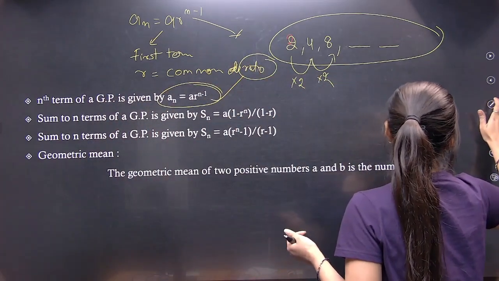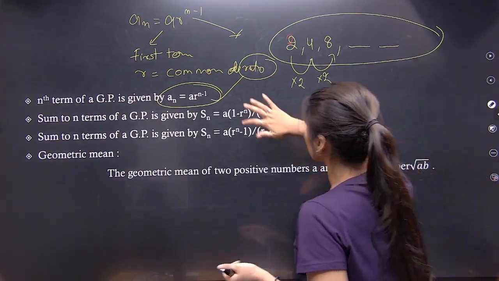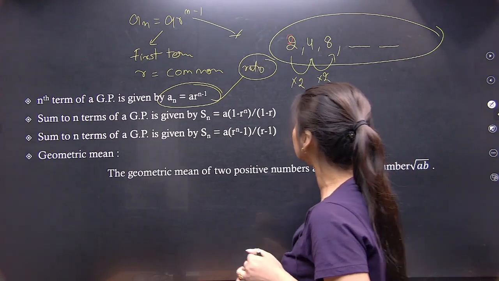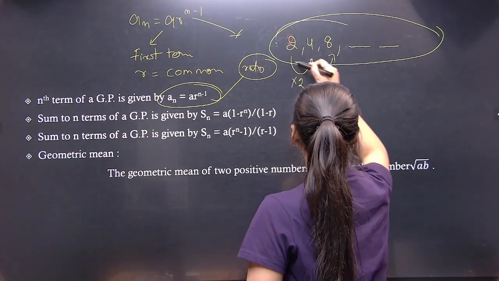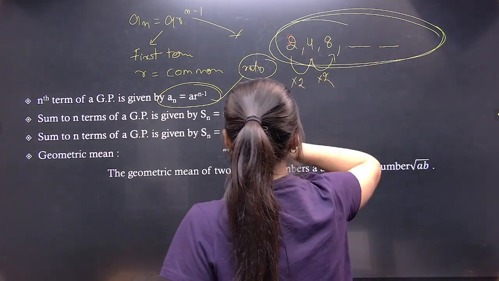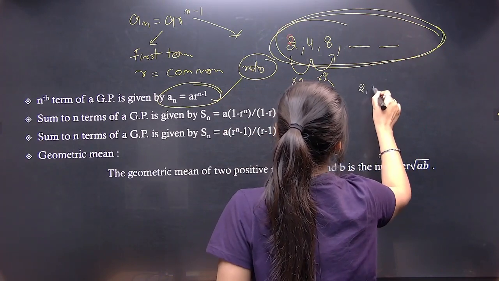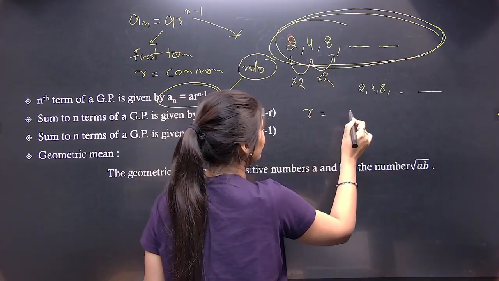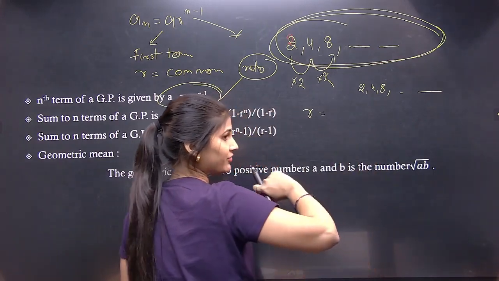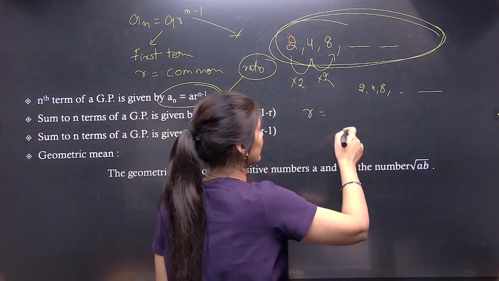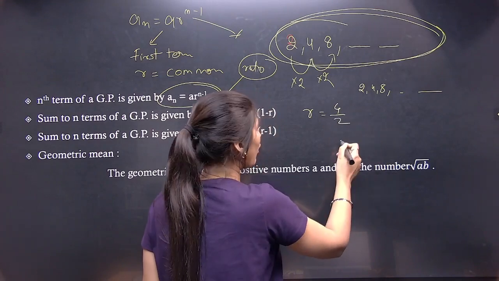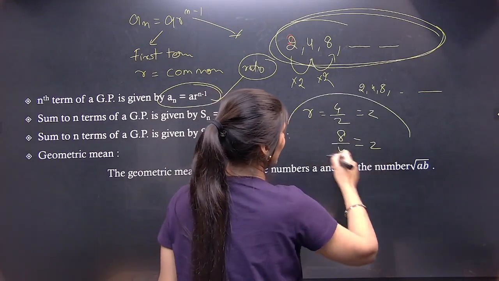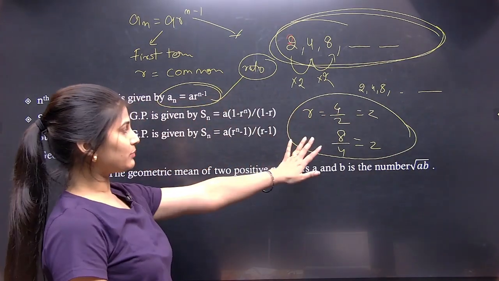So what is the common ratio? Common ratio is the ratio of any two successive terms. Like if I want to find the common ratio of this progression 2, 4, 8, then you have to divide second by first, third by second, likewise. So it can be 4 by 2 or it can be 8 by 4. So what does it mean?